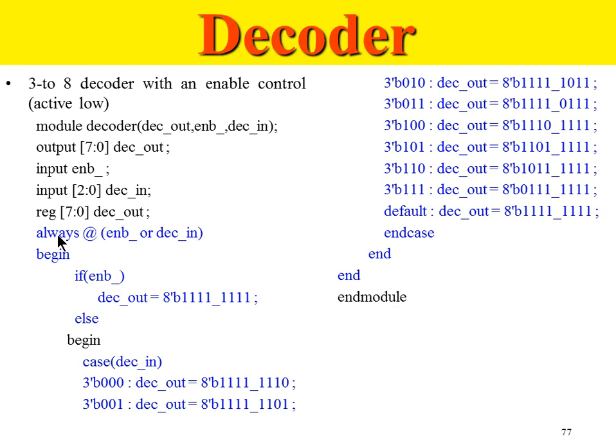Yeah, you have two inputs and eight outputs and three select lines. Say that again, I know it was not clear. How many inputs? How many outputs? You have three inputs, eight outputs, and three select lines.